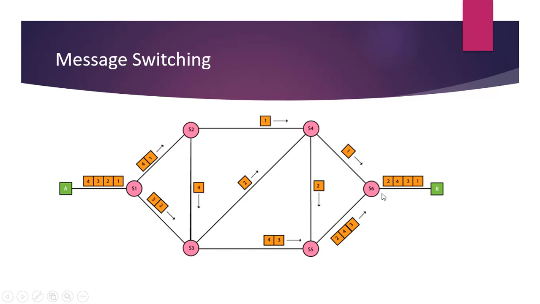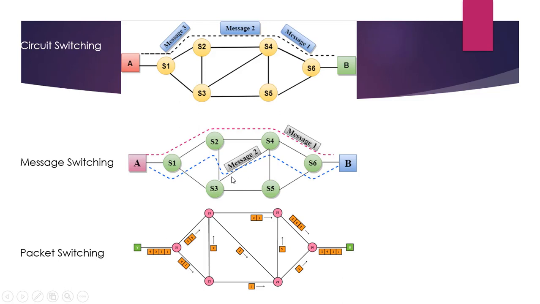They cover the path in different ways and with different routers. Now let us collectively see what is going on behind the different switching techniques. In circuit switching, a physical path will be established, all the packets will travel in the same path, and the communication path will last till the communication is over.